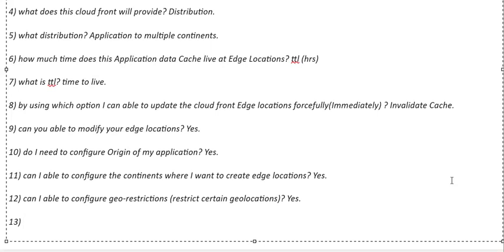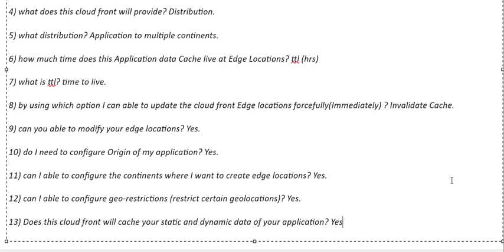This is also one of the certification questions. Will CloudFront cache the static and dynamic data of your application?